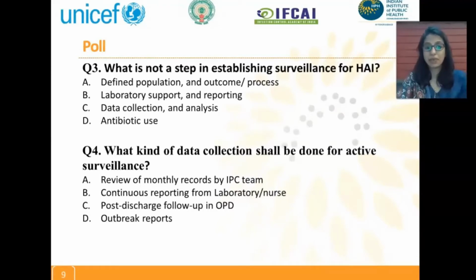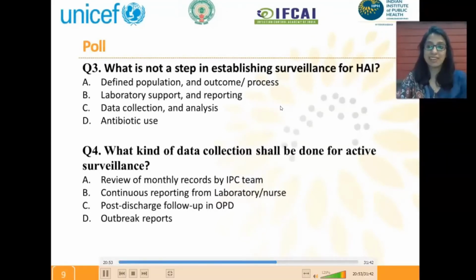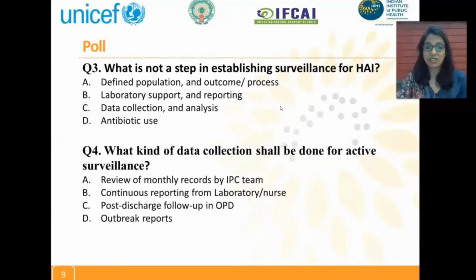See, active is where you actively look for the information, and usually active surveillance also helps you in incidence detection, right? So please think about it and mark your answers.